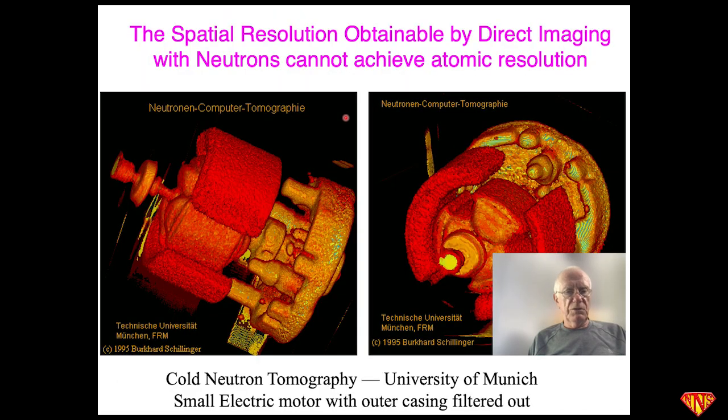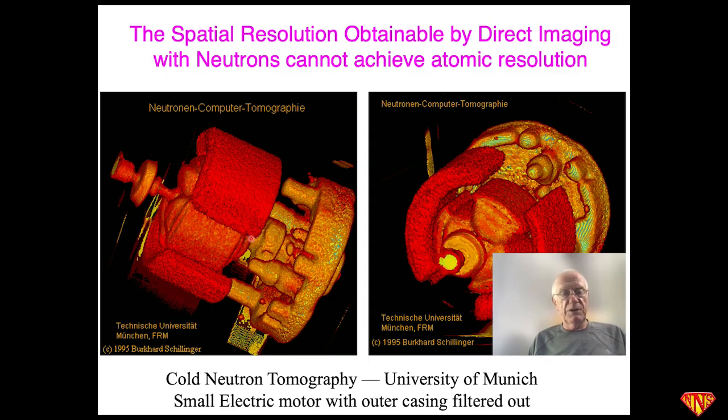But before we talk about diffraction at all, let's just look at objects which are imaged by radiation in the same way as we would focus it and produce pictures with our eyes.